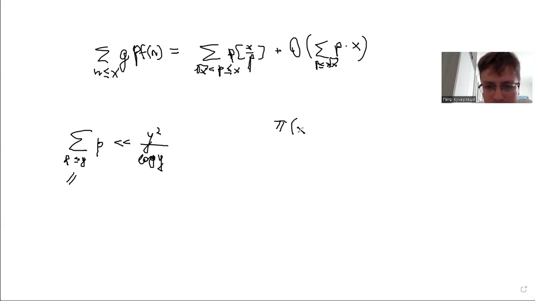Yes, I think certainly you should know something like this, divided by, for example, 3. I think it should be enough. It's bigger than x over log x. Do you know such?